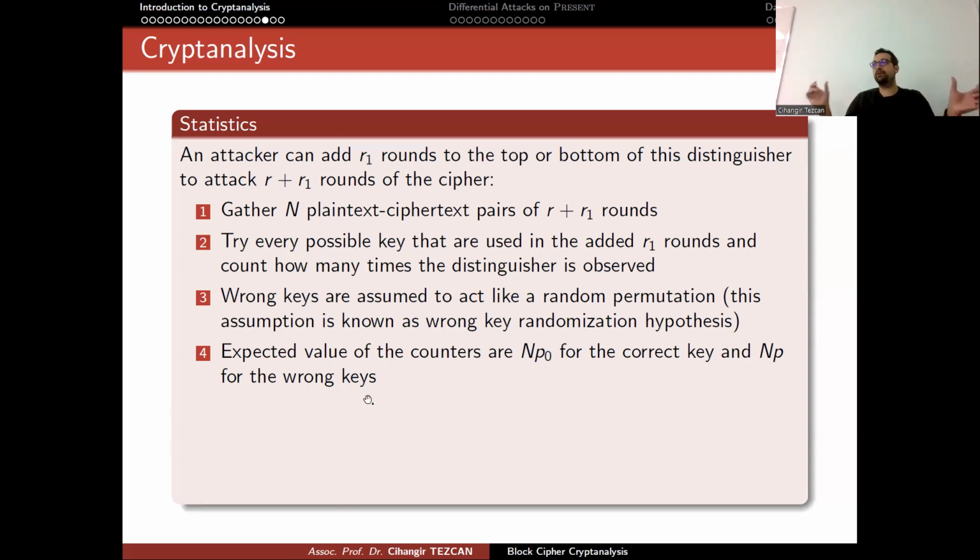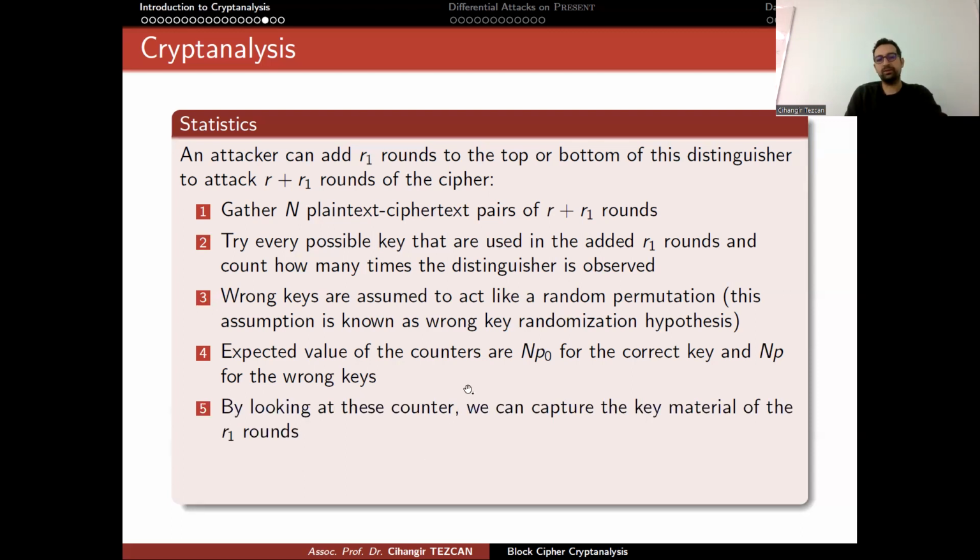So expected values will be different. Depending on this difference, you are going to determine if that key is wrong or right. So recall our exercise about fair dice and biased dice. I will talk about it at the end of the slides. Here we observe that phenomenon, okay?